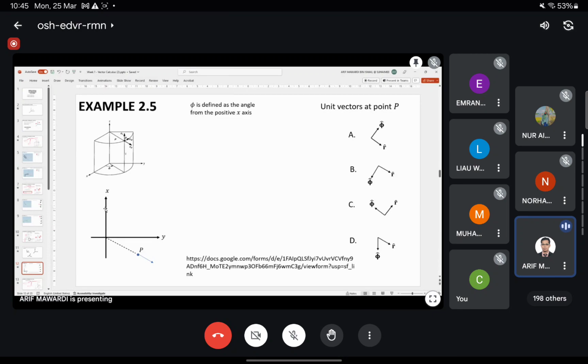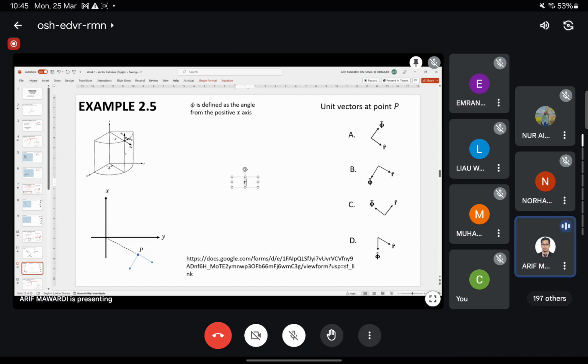Therefore phi will be defined as the angle from the positive x-axis, so it will increase in this direction. And then at this point, your phi will be directed along this direction.